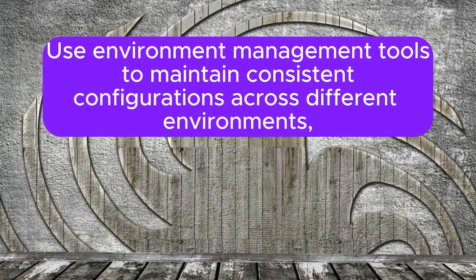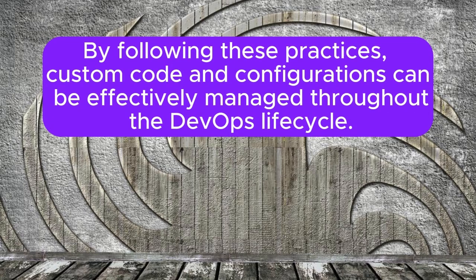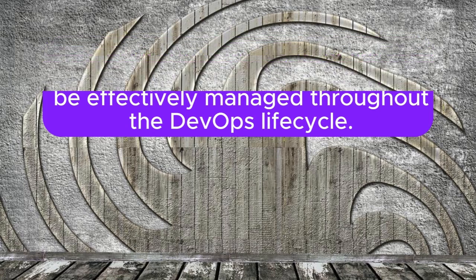Use environment management tools to maintain consistent configurations across different environments, and regularly review and refactor code to improve quality and maintainability. By following these practices, custom code and configurations can be effectively managed throughout the DevOps lifecycle.